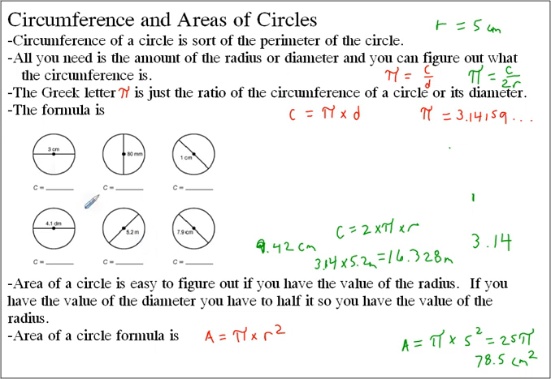So it'd be 1.5 squared times pi. So 1.5 times 1.5, and then times 3.14, you end up with 7.065. And again, one more time, that's in centimeters squared. Very important to remember.